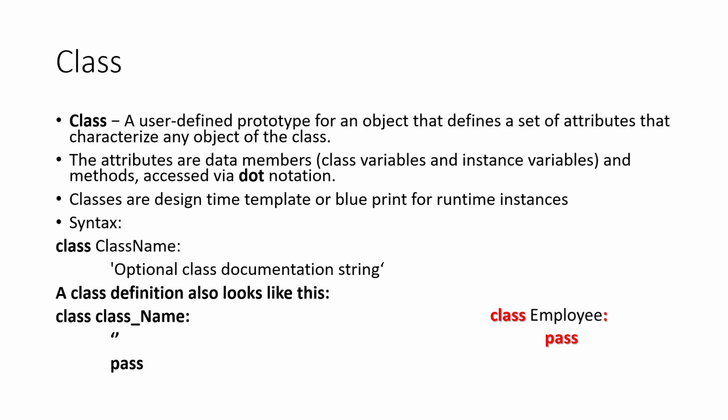In this video we'll be seeing how this can be implemented, how the program can be written in Python. As you all know, a class is a user defined prototype for an object that defines a set of attributes that characterize any object of the class. Like book is a class, it is a template, it's a blueprint.